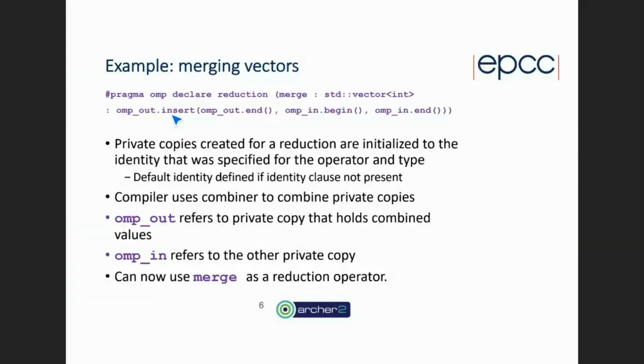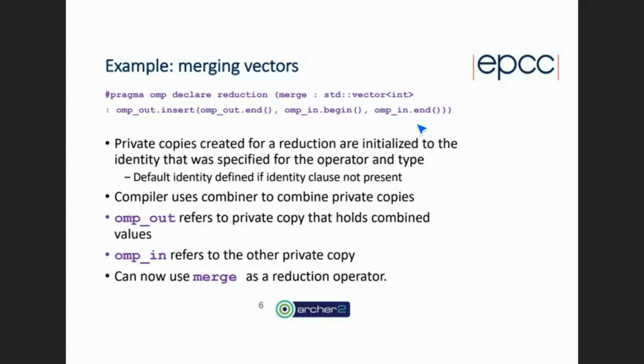So for merging, what we want to do is insert at the end of omp_out the elements from the beginning of omp_in to the end of omp_in. This uses just the standard methods on the vector class to do this.